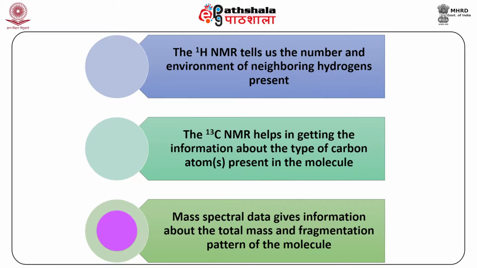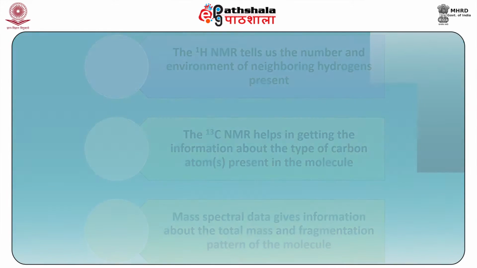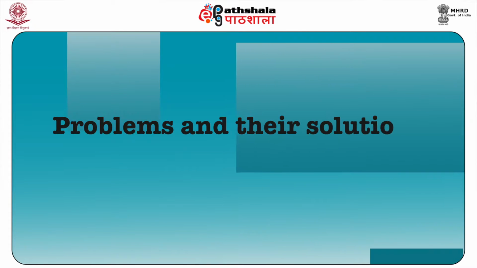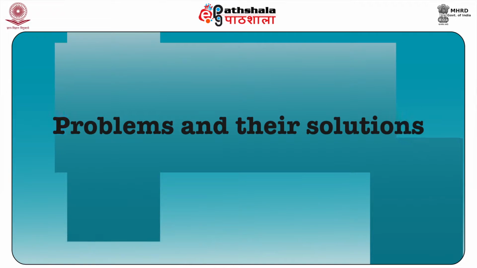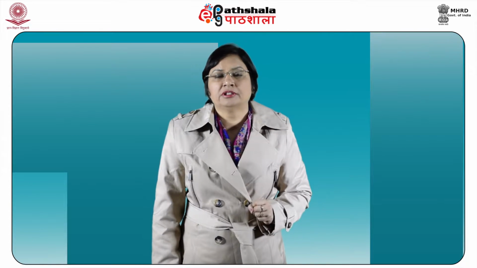It will give you information about the total mass of that particular compound and also the fragmentation pattern, and the corresponding peaks, and we will see how we can use all this information and derive the structure of the given compound. So let us begin with the problems now, and let us take this first question.